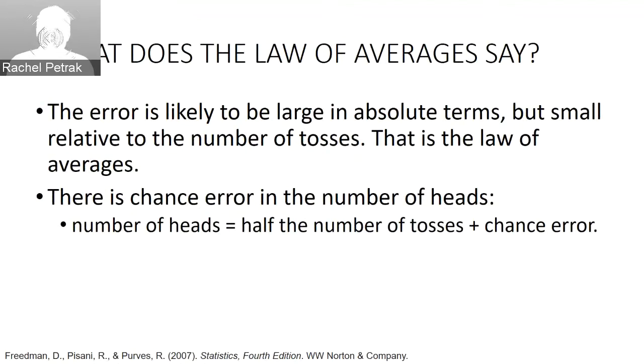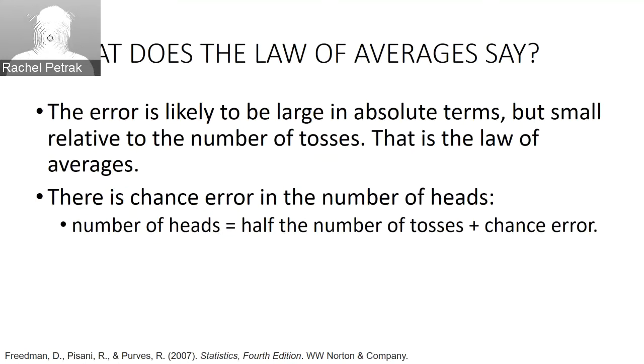This will be close to the average of all the numbers in the box, but it will be a little bit off. That amount that it's off is the chance error. And as you can see, there's chance error in drawing numbers from a box and in thinking about the tosses of a coin. And the error is likely to be large in absolute terms, but small relative to the number of tosses.